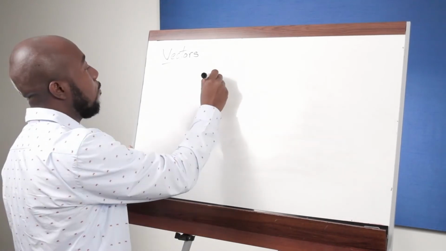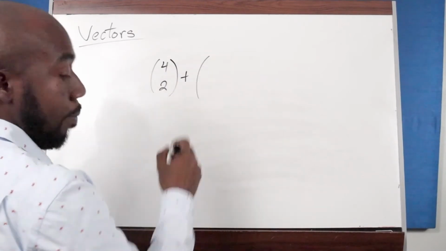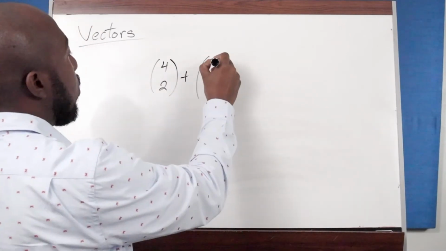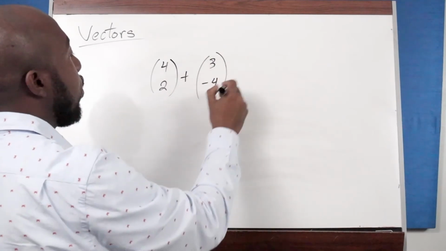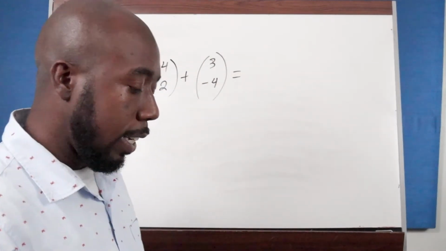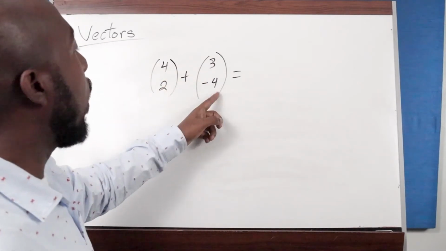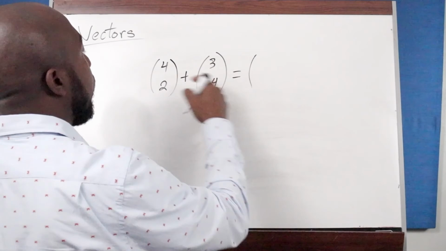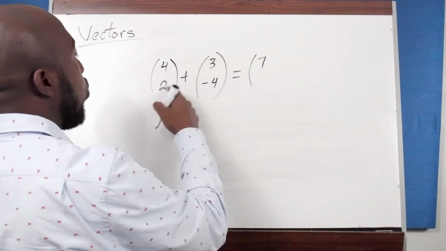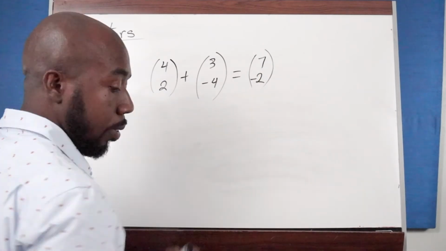Let's say we have a vector (4, 2), and let's say we add (3, -4). What we do is add each component. We add the x with the x and the y with the y. So here it becomes 4 plus 3 is 7, and 2 plus negative 4 is negative 2.